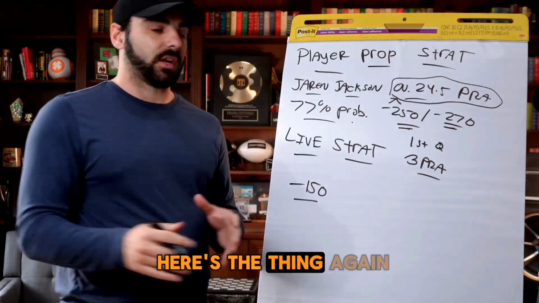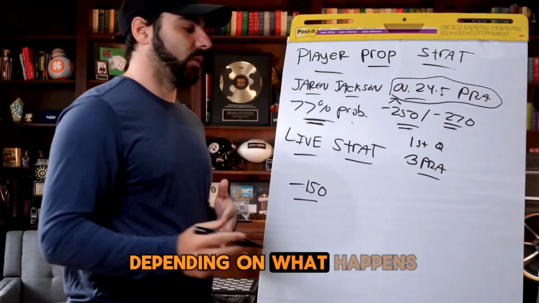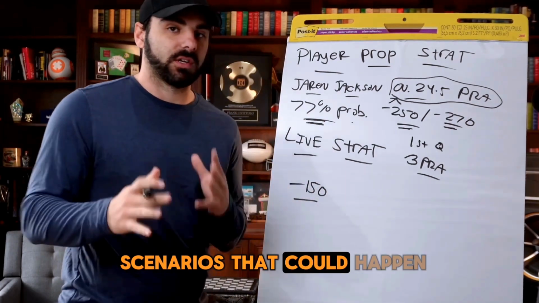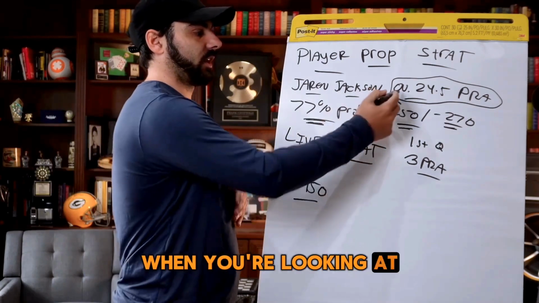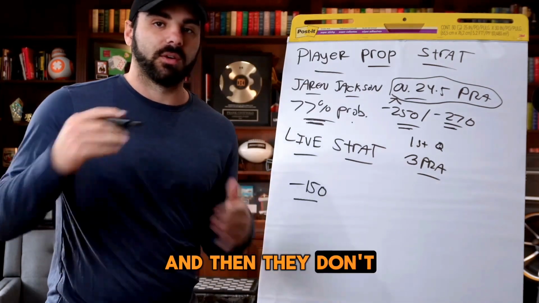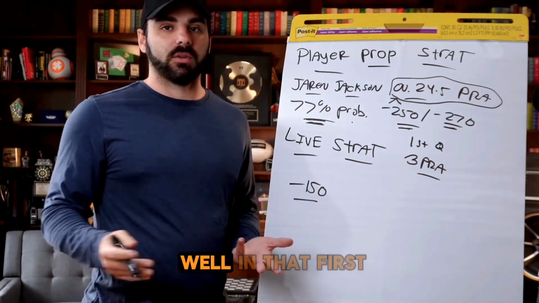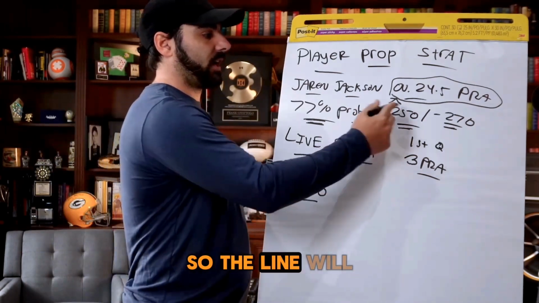So here's the thing. Like I've said before, probability is probability. Depending on what happens, these are the 2 scenarios that could happen when a game starts when you're looking at an over: they go into foul trouble and don't have a great first quarter, or they just don't have a great first quarter and aren't playing well. So the line will drop.